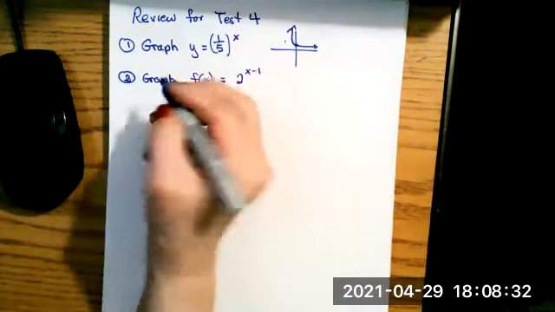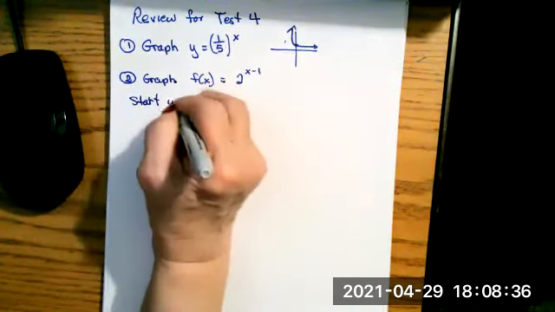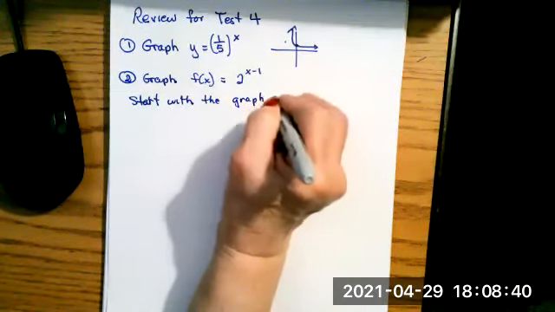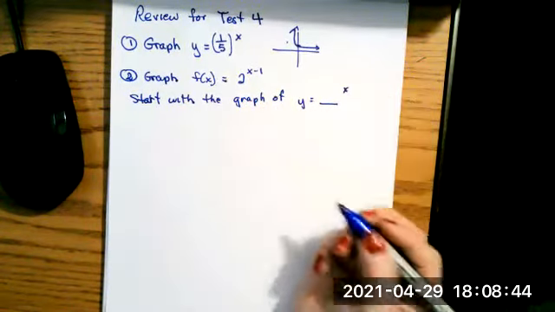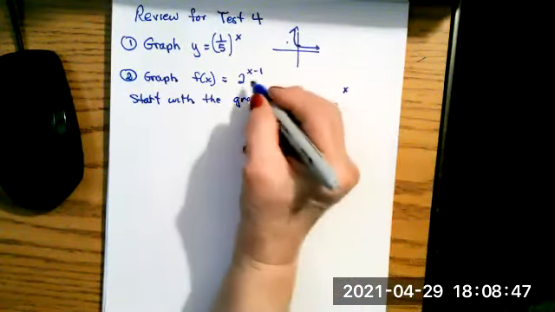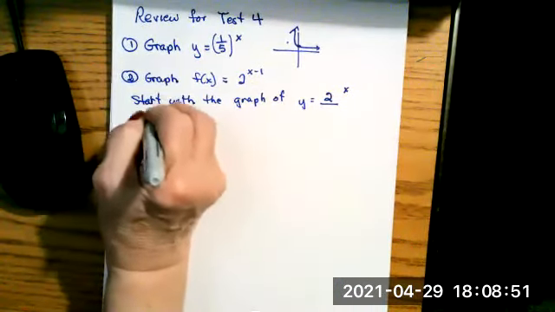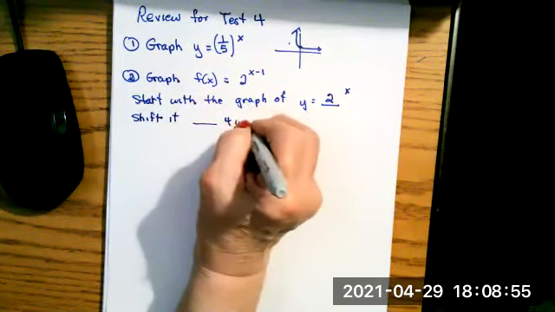Notice that's going to have some words with it. It'll say start with the graph of y equals blank to the x. So you want to put your base in there. Your base is 2. And then it says shift it, and it has blank units.